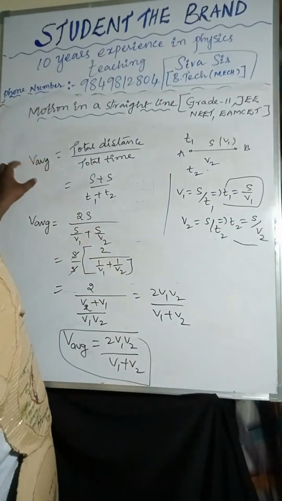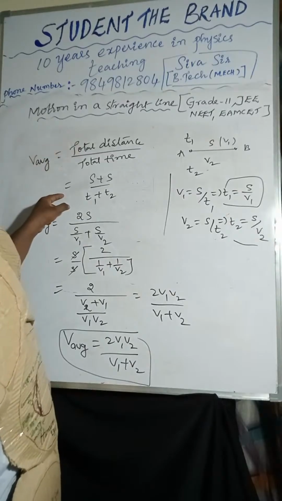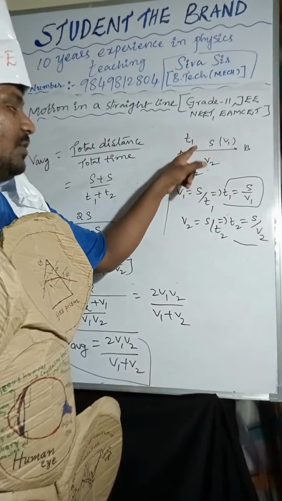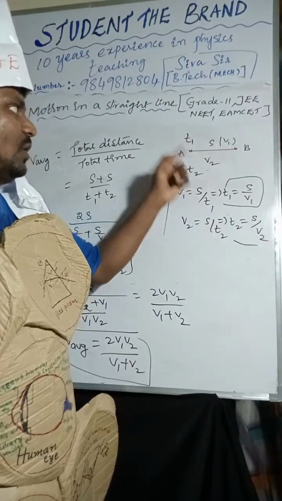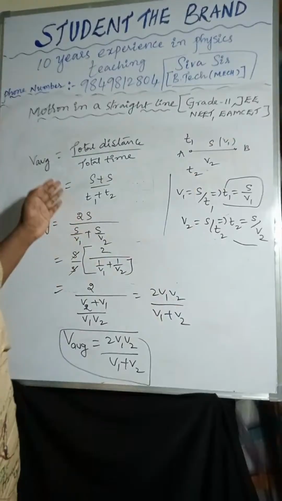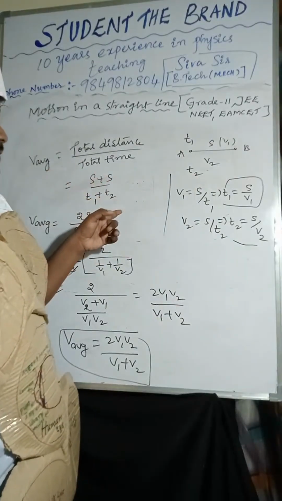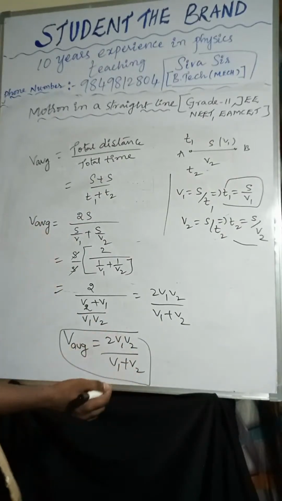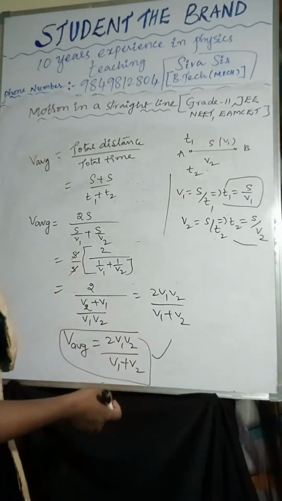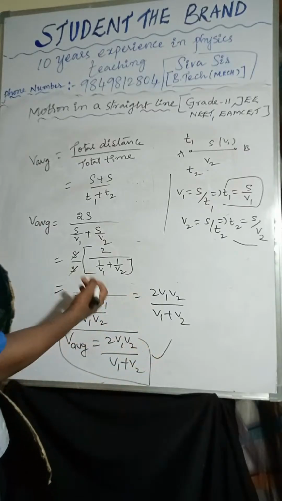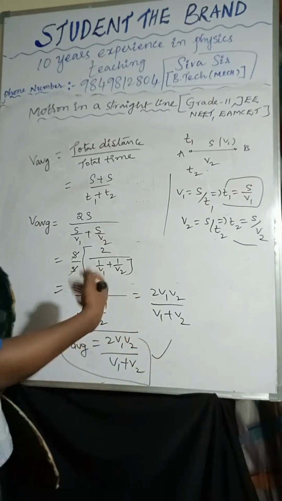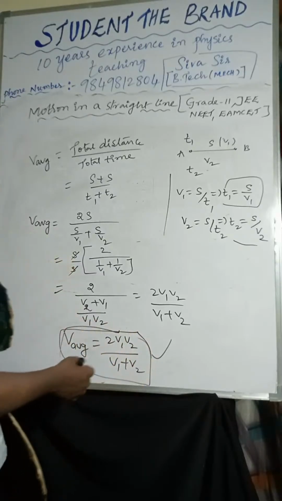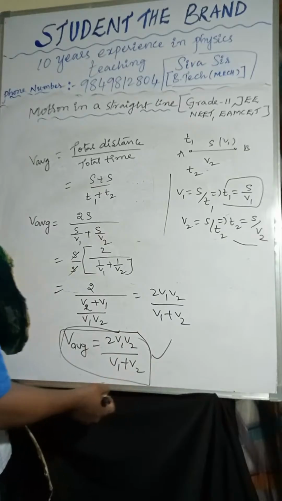Average speed equals total distance by total time taken, so S plus S by T1 plus T2. If they give only speeds in the problem, and don't give any time and distance, we can use this formula. Average speed V average equals 2V1 V2 by V1 plus V2.